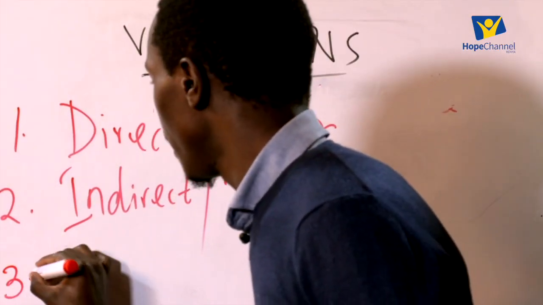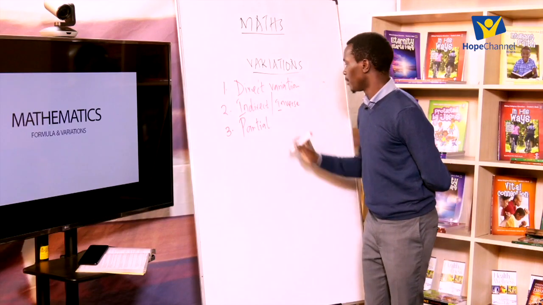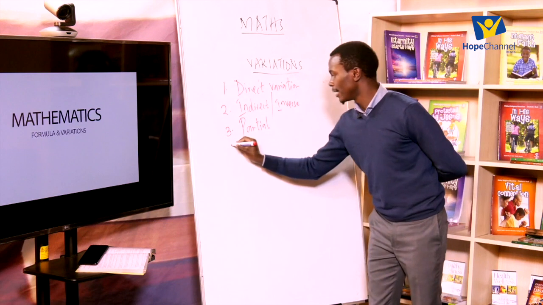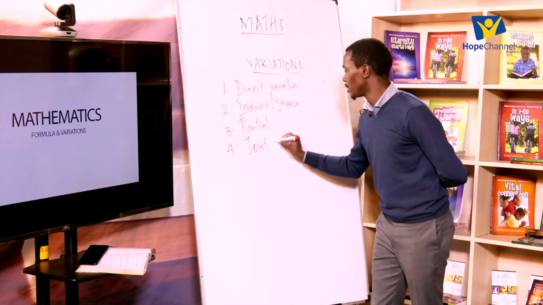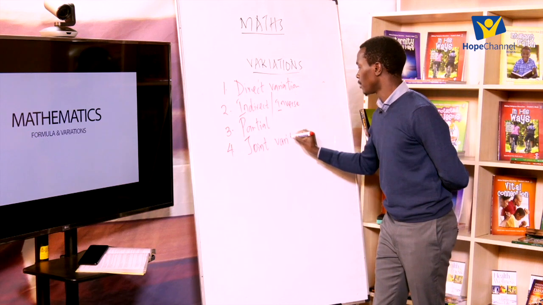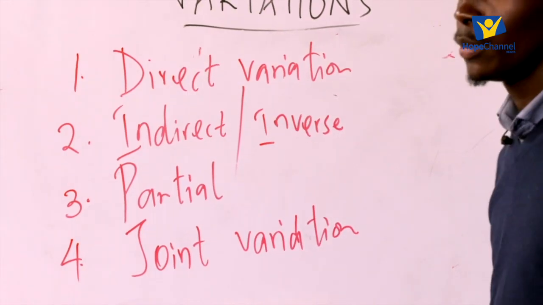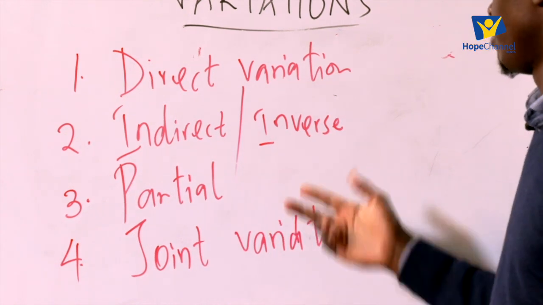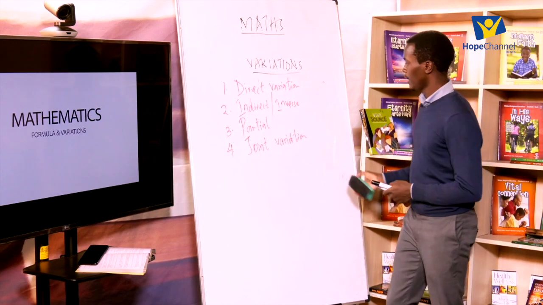And number three, we have partial variation. And number four, we should be looking at later, is joint variation. And I want us to focus on two of them, or rather three maybe, if time will allow, but we'll start with direct and indirect variation.